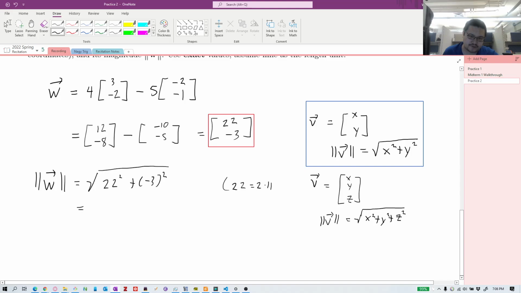So when I want to square this, I'm thinking 4 times 11 squared, and I know what 11 squared is, 121 times 4. So that tells me this is 484. So 484 plus 9. Let's see, that's 493.